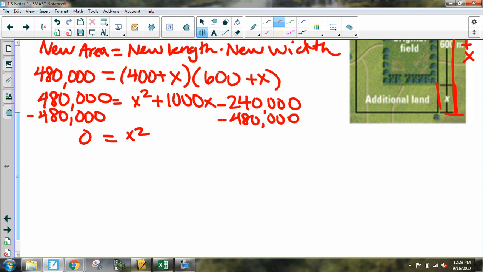Sorry, up here we would have had plus 240,000. So if you were confused about that, I made the wrong sign there. Okay, so then we have x squared plus 1,000x minus 240,000. So that's where the minus 240,000 comes in. So up above it was 400 times 600, which is positive 240,000. Sorry about that.